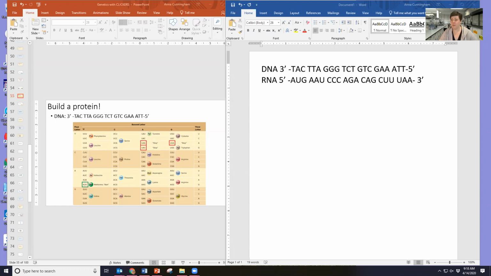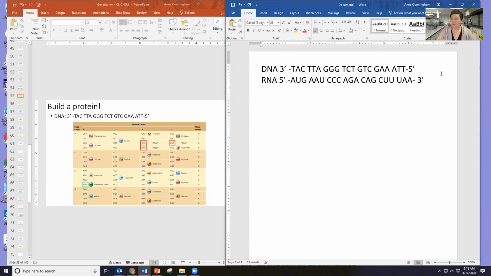You do need to be able to take a DNA strand and build a complementary RNA strand, knowing that the complement to T is an A. In DNA, the complement to A is a T, but in RNA, the complement to A is U. You definitely do not need to memorize the codon table. That will be a class way further on than this one, if you ever have to do it.